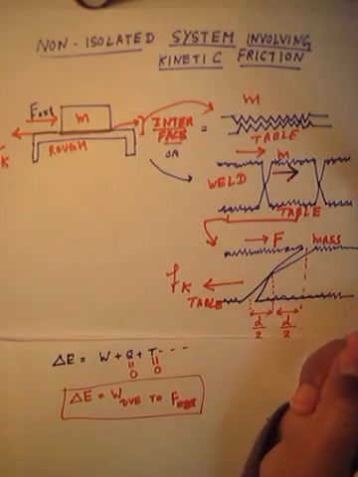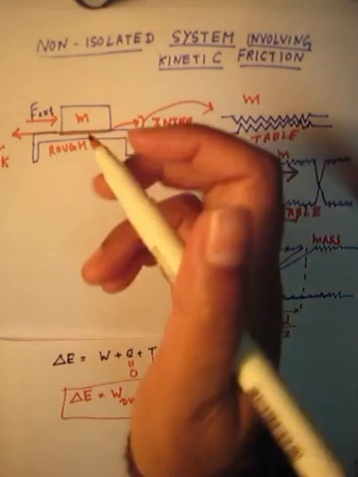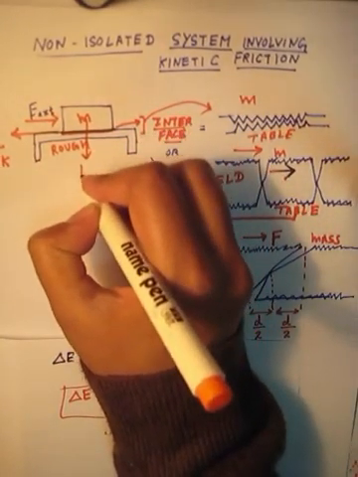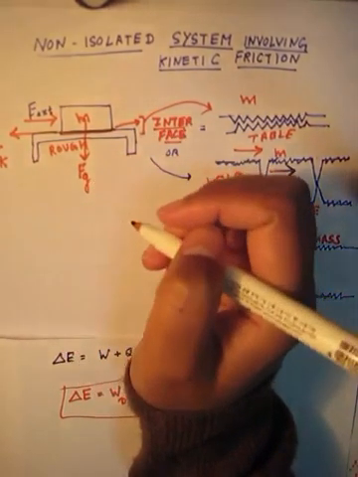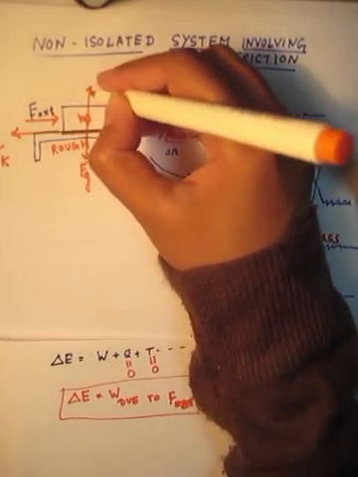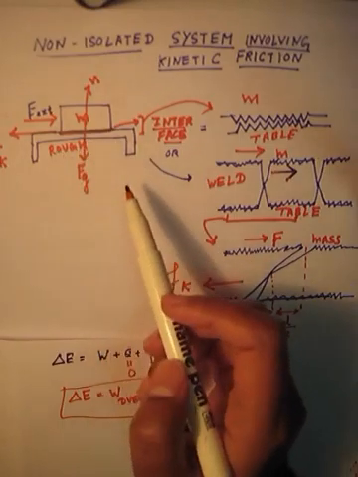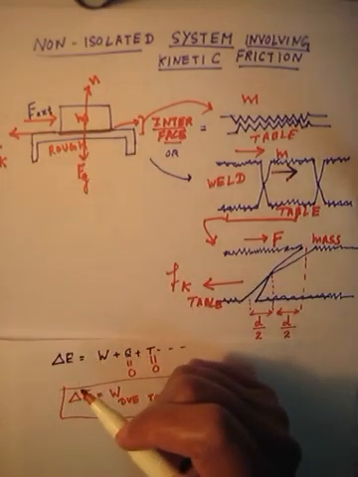So in this situation we have many forces acting. Let us say that there is a gravitational force in the downward direction, and there will be a normal force in the upward direction. So what we are going to do is find out the work done for this kind of situation.